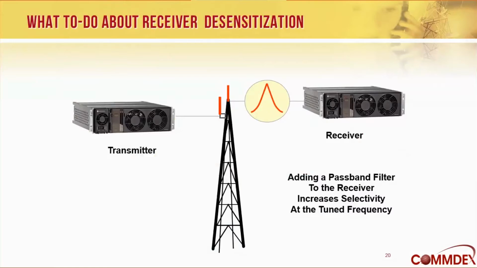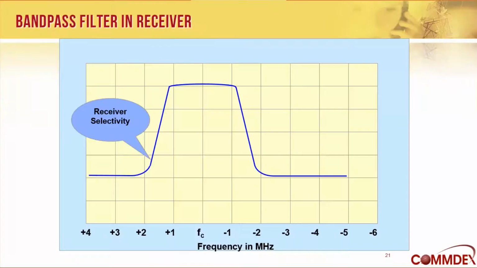And just like before, where we had both a notch and a bandpass filter solution, the bandpass filter solution is to put a bandpass filter on our receiver to increase the selectivity.